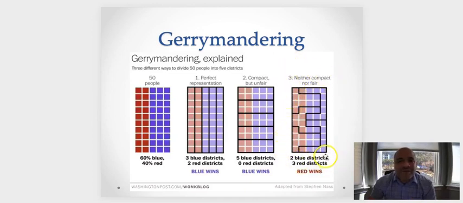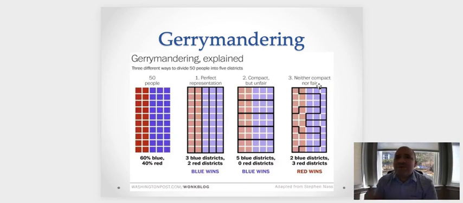Gerrymandering is a way for politicians to choose their voters instead of voters choosing their politicians. So if you're a person with an unpopular point of view, but there are still some people out there who have that point of view, but they're in a minority, you can creatively shape the district so that you win, even though a majority of the people don't agree with you.